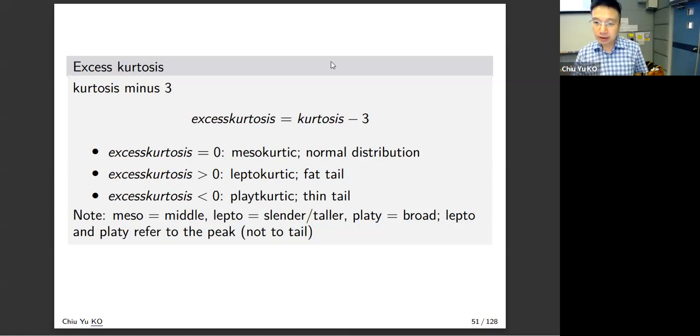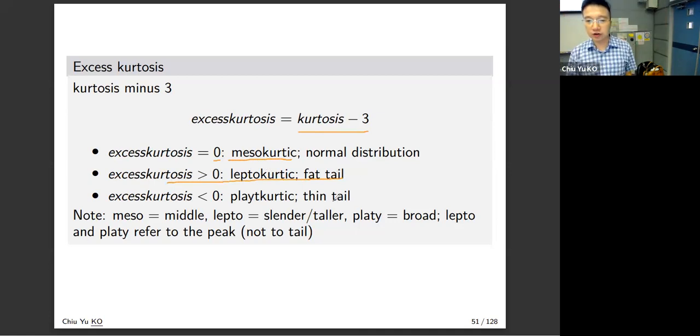But anyway, that's the reason why we care about excess kurtosis: a bell curve has a kurtosis of 3. So you want to see if it's more than a bell or less than a bell. If your excess kurtosis is 0 or close to 0, you don't really worry about it. If more than that, you have much fatter tails.